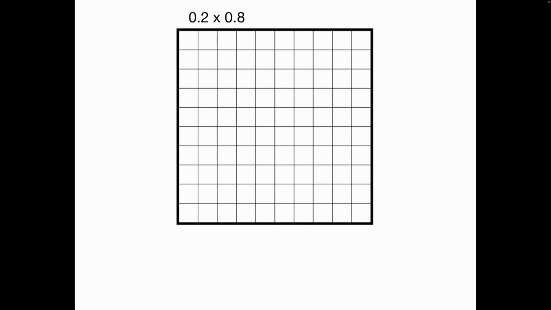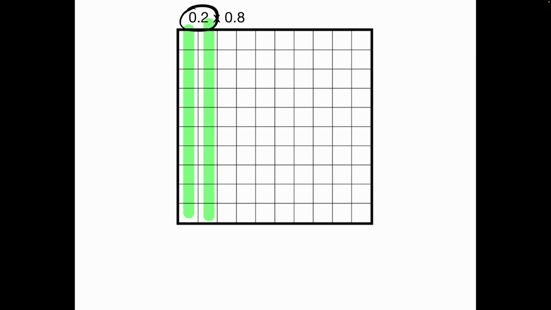This time we're going to go the other way around. We're going to look at an expression and we're going to model it. So first, they want us to model 2/10. We already know that each one of these rows from top to bottom or left to right is a tenth. So I need 2 of them. 1, 2.